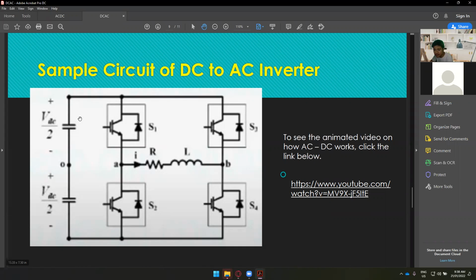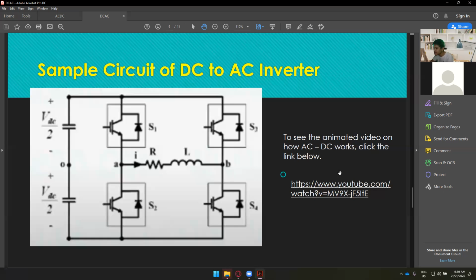There is no label that this one is a capacitor, but this is the symbol of a capacitor, and the voltage output will be divided into 2, and once they are combined, we have the AC output, if I'm not mistaken. Oops, my apologies. Here we have DC to AC, but in here we have AC to DC.